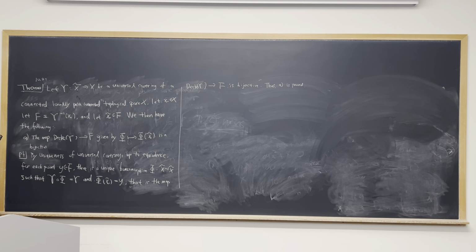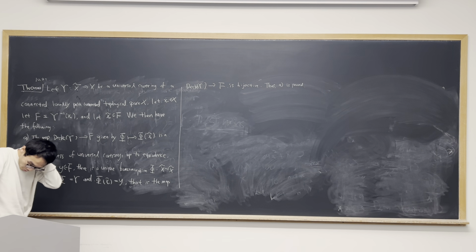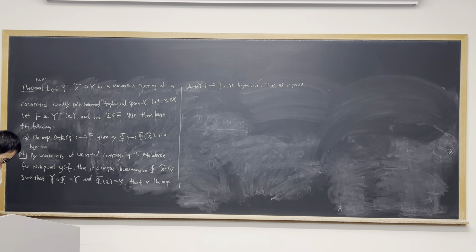So we know that for any universal covering, it is unique up to equivalence, where the equivalence is like... I remember we have the equivalence lemma.